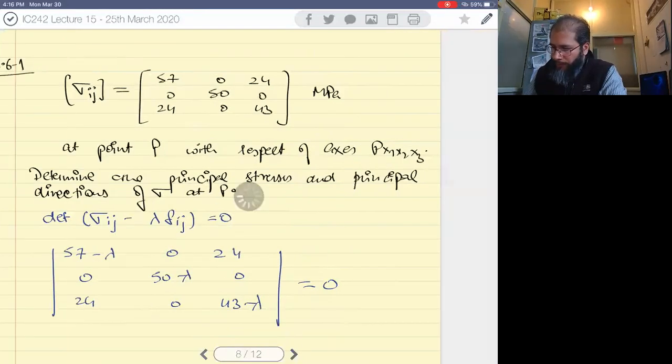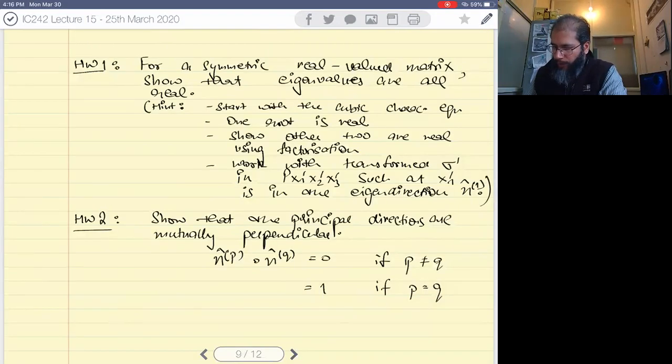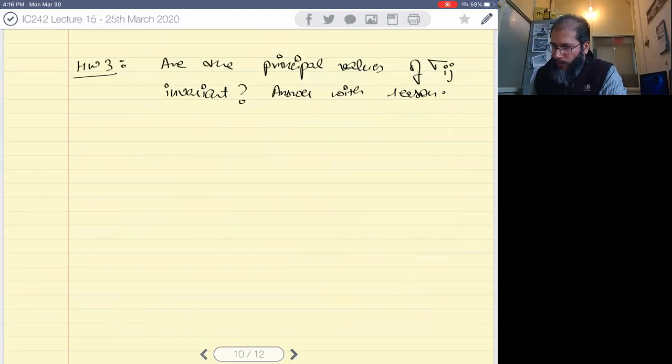We did a problem to find the principal stresses and principal directions. Then I gave you another one, which was to show that the three principal values of sigma that you get for a real symmetric sigma are invariants. That is, they do not change upon the change in coordinate direction.